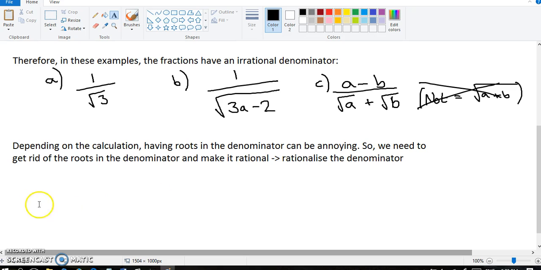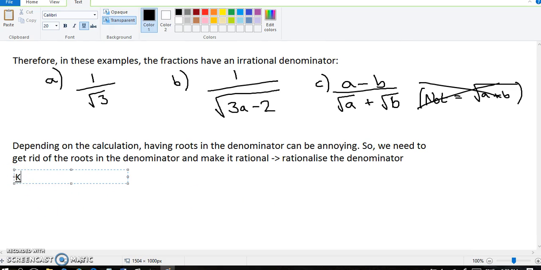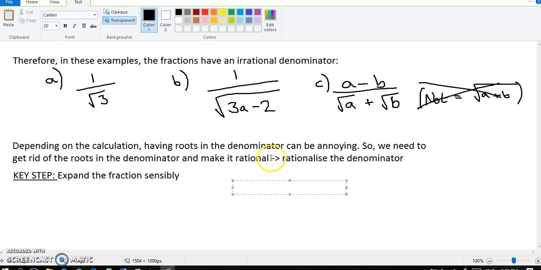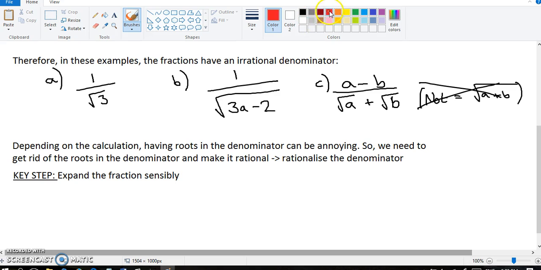Okay, so the key step in this procedure is to expand the fraction sensibly. So, let's just have a little recap on what this word expand means. To expand a fraction, if I had a fraction a half, let's say, let's expand a half.